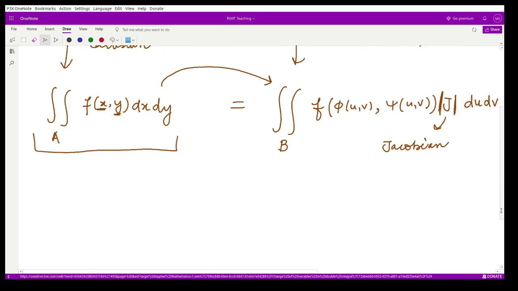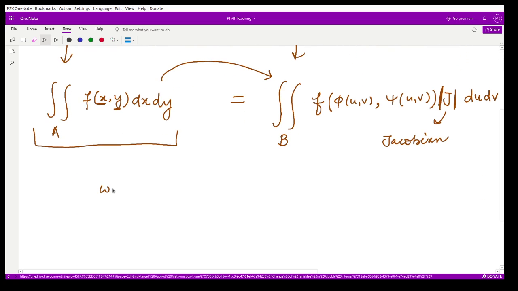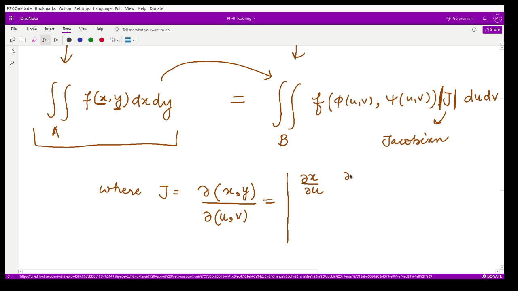And if you remember the formula, this Jacobian J represents the change in the variables x and y with respect to the change in variables u and v, and it is calculated by the determinant by taking the partial derivative of x with respect to u and partial derivative of x with respect to v, and then the partial derivative of y with respect to u and the partial derivative of y with respect to v.